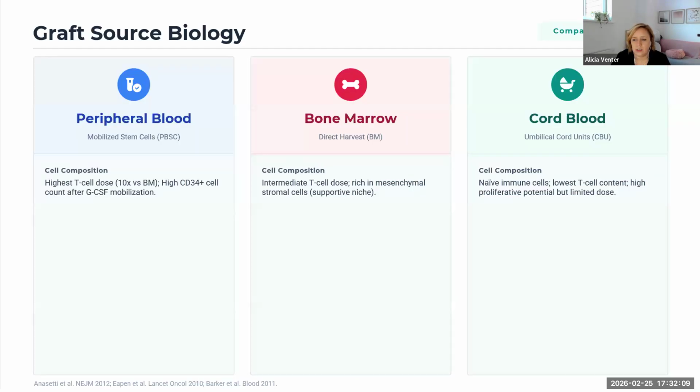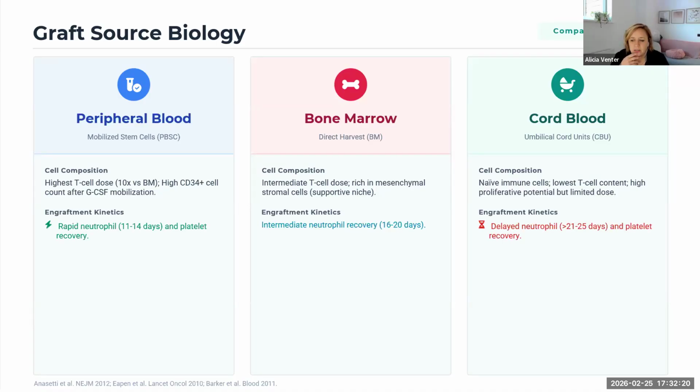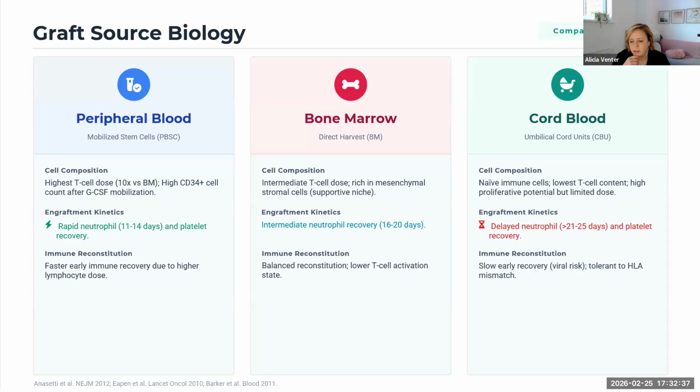If we want to do a quick graft source biology comparison, this is not new information, this is really just a quick summary. But if we want to look at just some of the highlights here, the graft kinetics and how they stack up against one another, a PBC, you find rapid neutrophil and platelet recovery. Bone marrow is sort of in the intermediate space, and then cord blood, definitely delayed neutrophil and platelet recovery.